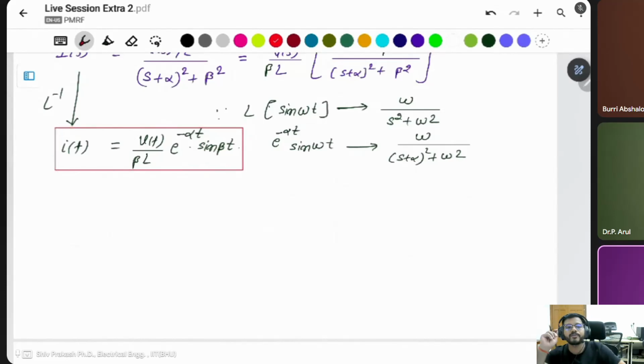This is the current equation in RLC series circuit supplied by the DC source. You can see if you apply the DC source in RLC series circuit, then the current will be sinusoidal in nature. But there is a doubt, I think.